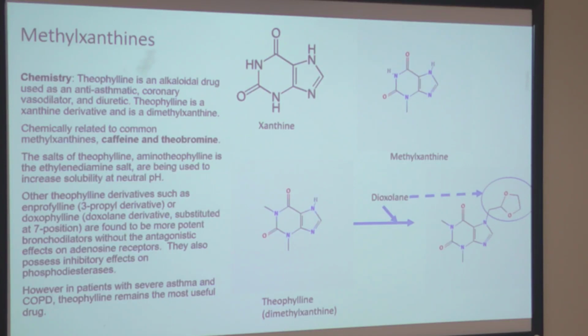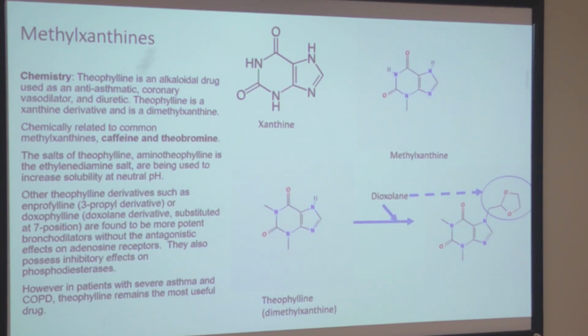However, in patients with severe asthma and COPD, theophylline still remains the most useful drug. So theophylline's activity is different from the beta-adrenergic receptor agonist activity, but still it causes bronchodilation through mechanisms other than the beta-adrenergic receptors.